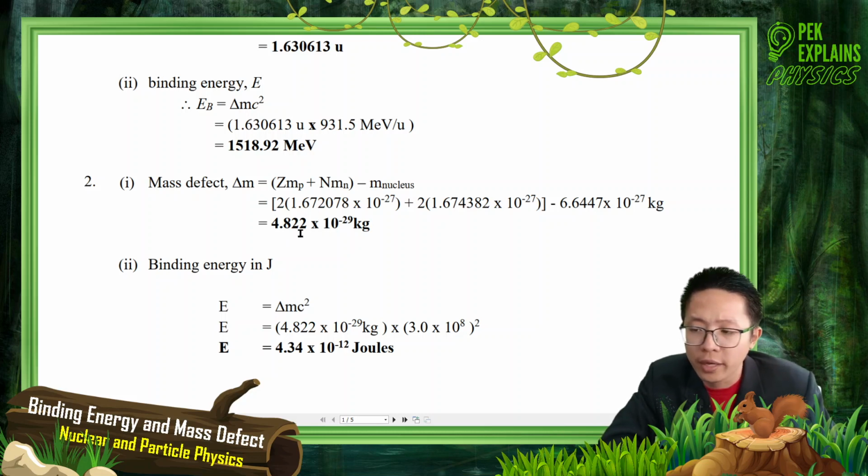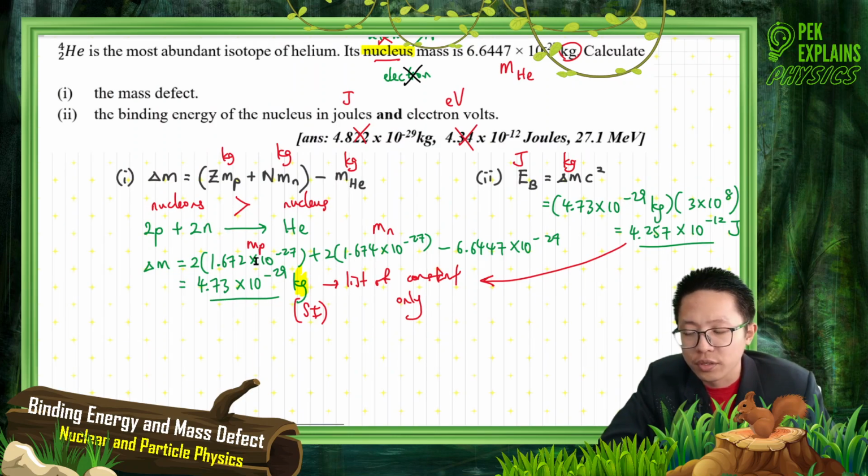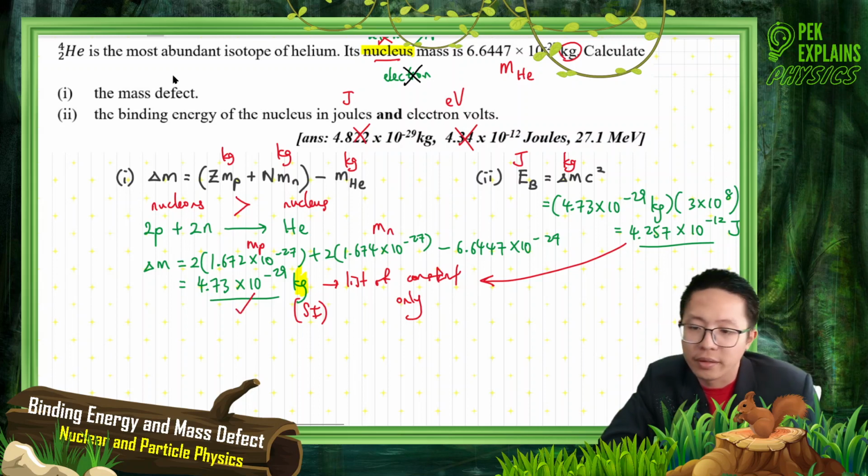If you get this value, it's different from the exam answer scheme. The exam answer scheme uses the list of constants values, so you get 4.73. This one is the better answer, which will be reflected in our exam answer scheme.